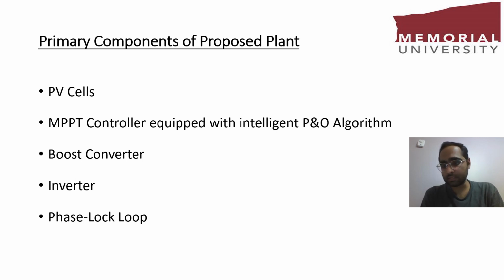The phase lock loop takes the grid voltage as a reference voltage and ensures that the AC power generated by the inverter is synchronized with the grid station, so that the power fed to the grid station is not creating a problem there, and it is running in parallel.